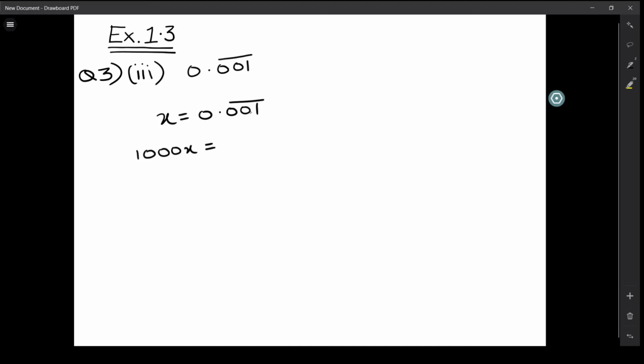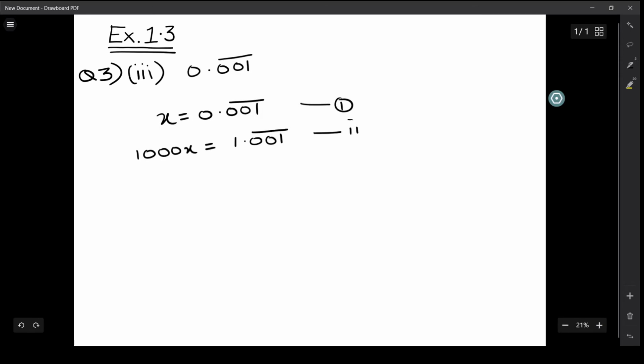If I multiply it by 1000, that's when it's going to repeat itself from the decimal point onwards, since there are 3 digits, 0, 0 and 1, that are repeating. So when I multiply this by 1000, I get 1.001, where 0, 0 and 1 are repeating again. Essentially I'm doing this because I want the decimal expansion after the decimal point to remain the same so that I can get rid of it when I subtract.